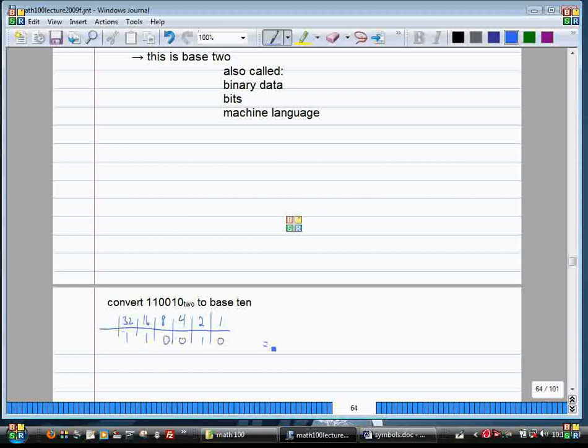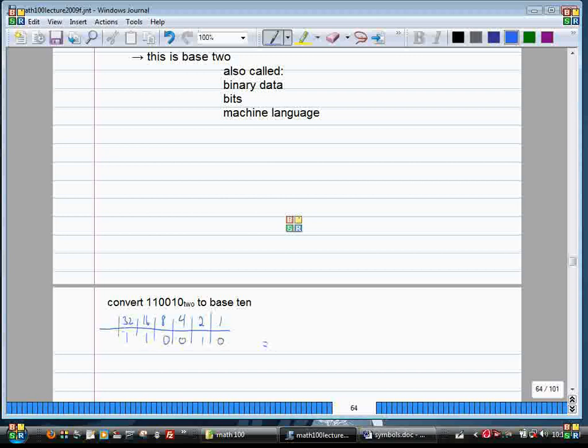So what is this number equal to? What does that first one represent? 32. What does the next one represent? And then there's some zeros, and what does the other one represent? 2. So how do you figure out what this number is worth? Add them up.